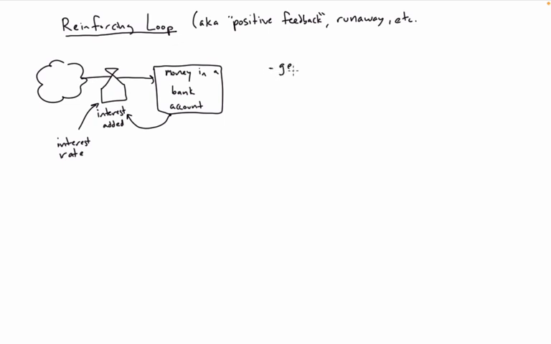So reinforcing loops generate more flow the greater the stock. The more flow, the more stock. They generate less flow, the less stock.